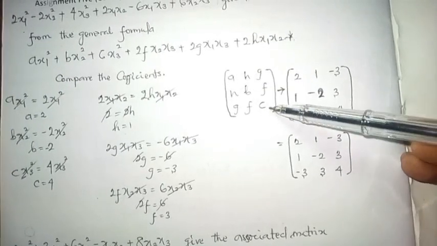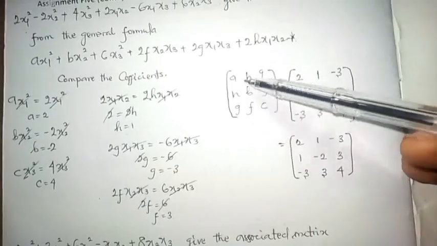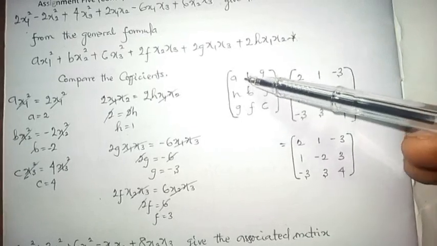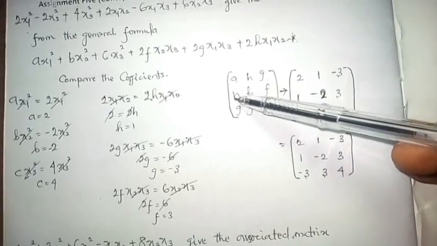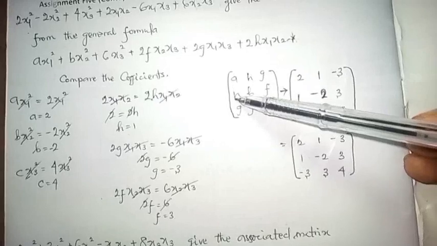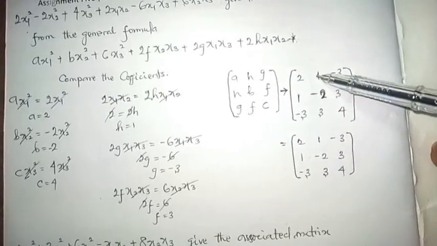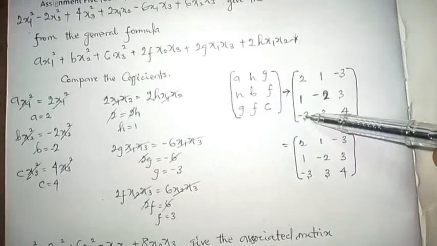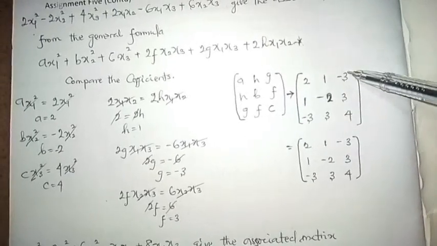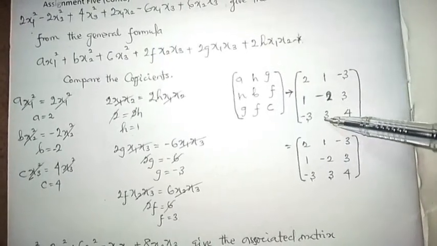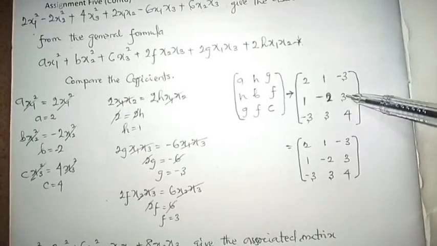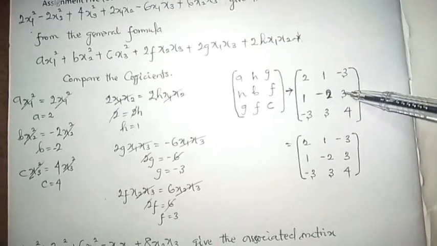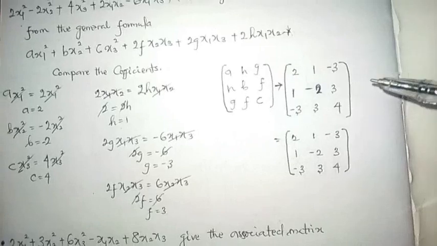A, B, C on the diagonals, h at the side here on x1, x2, and x2, x1. You see where h equals 1, h is also equal to 1. Where g equals minus 3, g is equal to minus 3. Where f equals 3, f is also equal to 3. And so that's how we get the associated matrix for that.